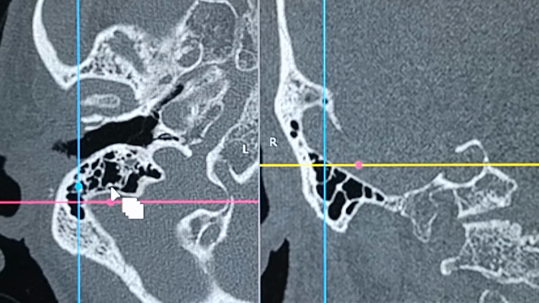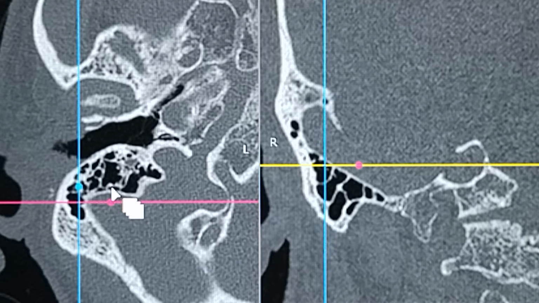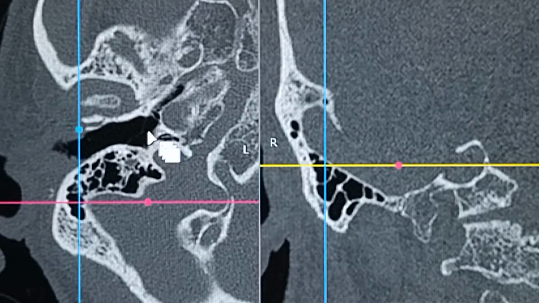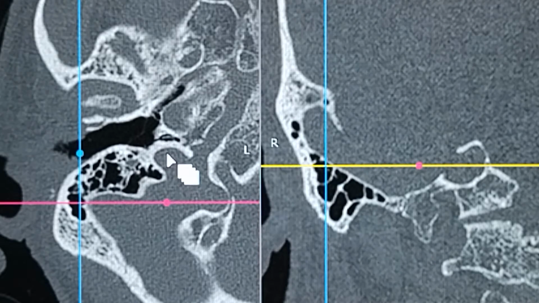That's the mandibular fossa and the TM joint. Then as you keep coming superiorly, you see the external auditory canal and the tympanic membrane. The moment you see the tympanic membrane, you see the IJV, that's the jugular bulb, and the carotid artery and the sigmoid sinus. We all read that.